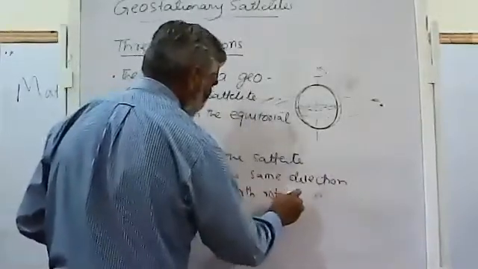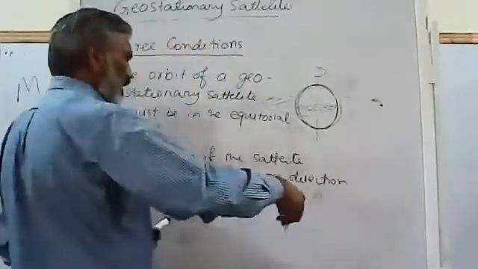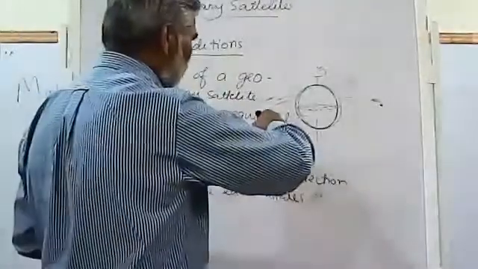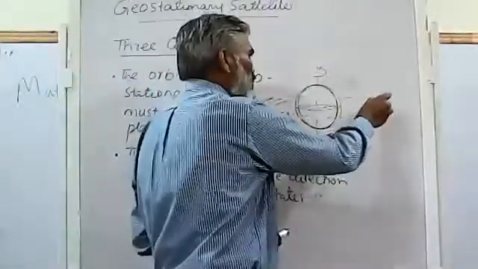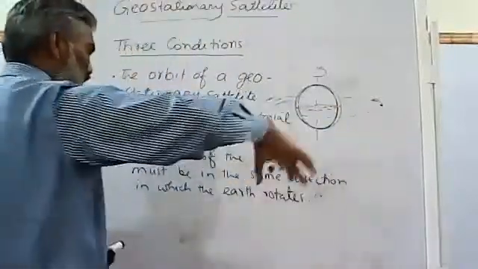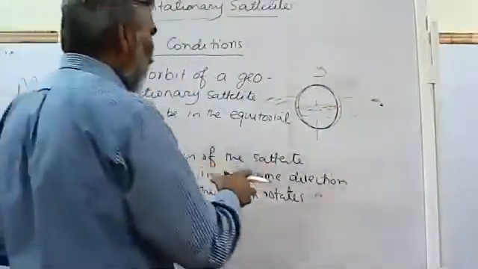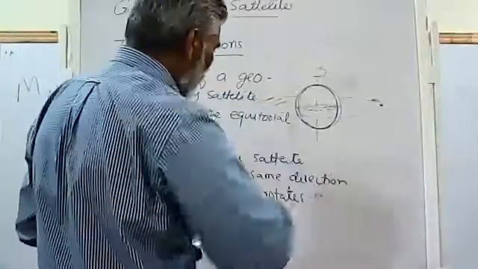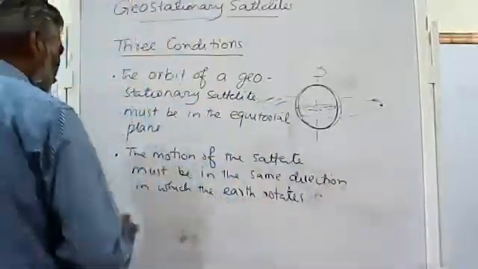So if its rotation is like this, this must also be in this direction. And if the rotation is clockwise, if seen from above, the object must also be rotating in the clockwise sense in the orbit.